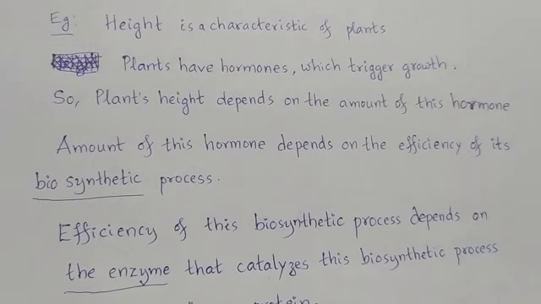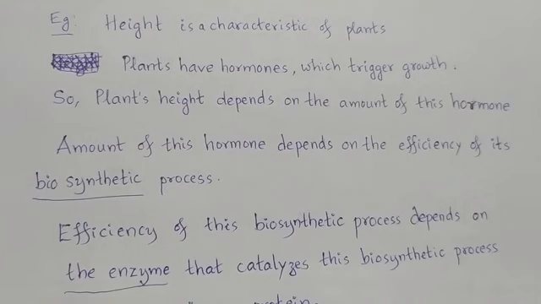But how is this efficiency of the biosynthetic process controlled? It is by some enzyme. In living organisms, every biochemical process is catalyzed by some enzyme or other. There is no biochemical process in living organisms which is an uncatalyzed one. That means every biochemical process, whether it is a biosynthetic process or a biodegradative process, is an enzyme-catalyzed process.